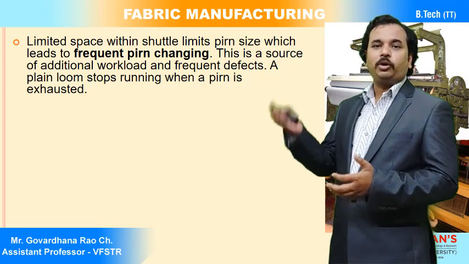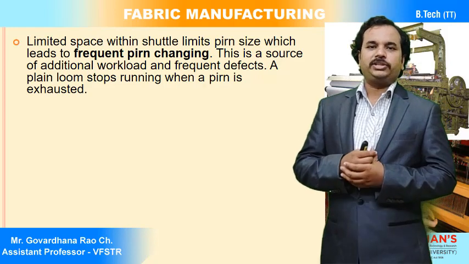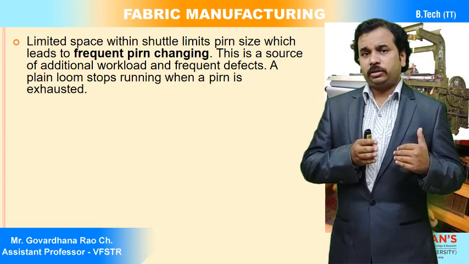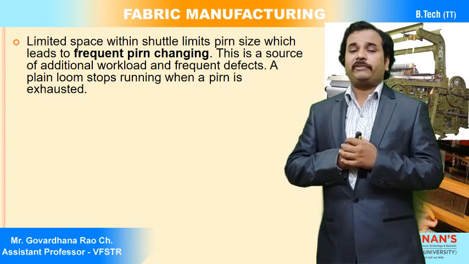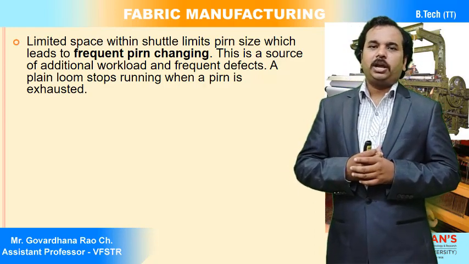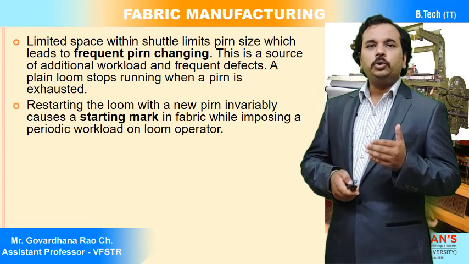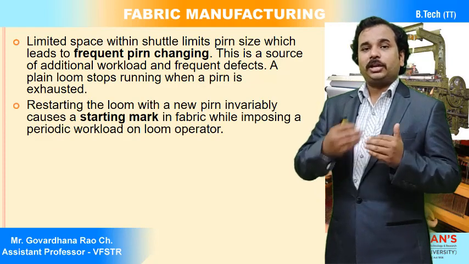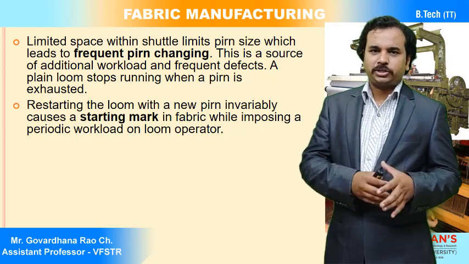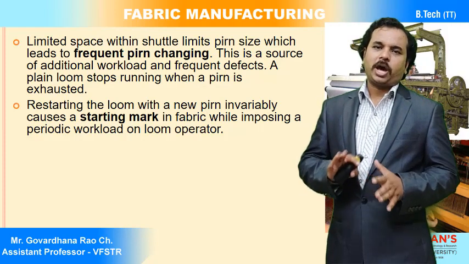This can also affect fabric defects, because whenever the loom is stopped, we change the pirn after exhaustion and then start the loom. When we are changing the pirn, at that time the warp threads are relaxed.